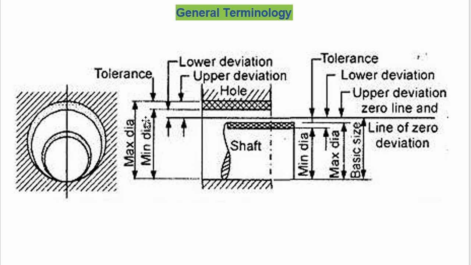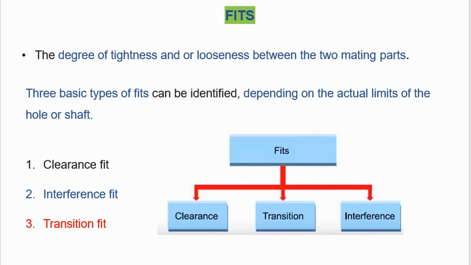When you assemble holes and shafts of different sizes together, we get three types of fits, depending upon the actual limits of the hole or shaft: clearance, transition and interference fit. These are the three types of fit.